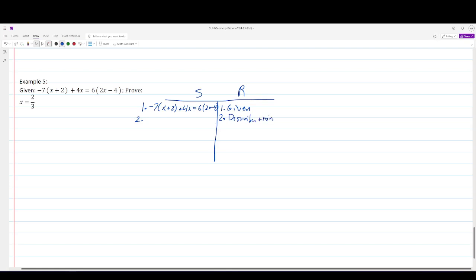Now, I could do distribution in two different steps. I could distribute the -7 and then distribute the 6, and that would be the clearest way to do it. So I'd put -7x minus 14 plus 4x equals 6 times 2x minus 4. And then for step 3, since I'm repeating the exact same reason, I'm just going to put a quote mark, or we call that a ditto mark.